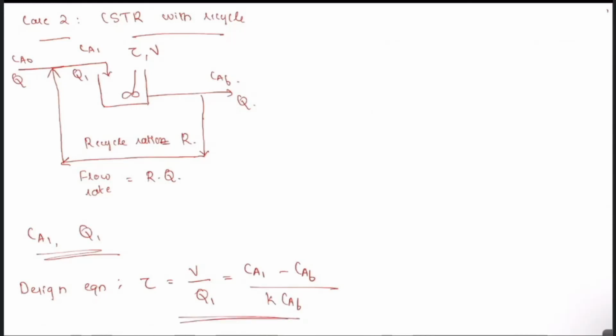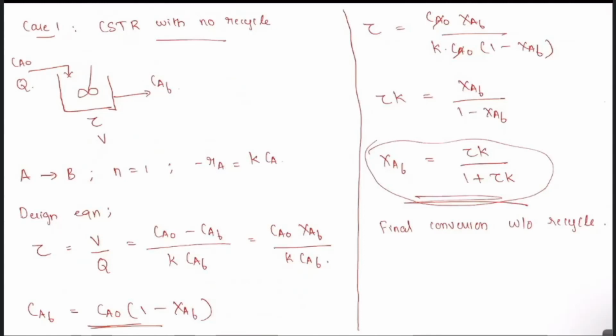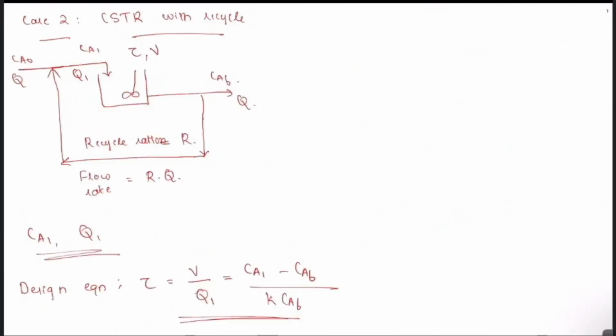So in the previous case with no recycle, the design equation was tau is equal to Ca0 minus CAF by KCAF. Here, because of this recycle, the concentration and the flow rate at the inlet has changed, and now the design equation for this CSTR will become V by Q1, which is equal to tau, that is equal to Ca1 minus CAF by KCAF.